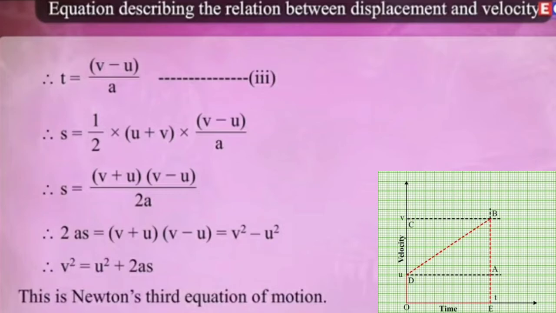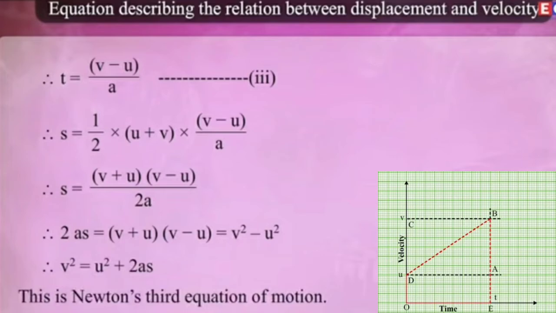Now children, S is equal to 1 upon 2 into U plus V the whole into V minus U the whole upon a. After calculating, what do we get? S is equal to V plus U into V minus U upon 2a.